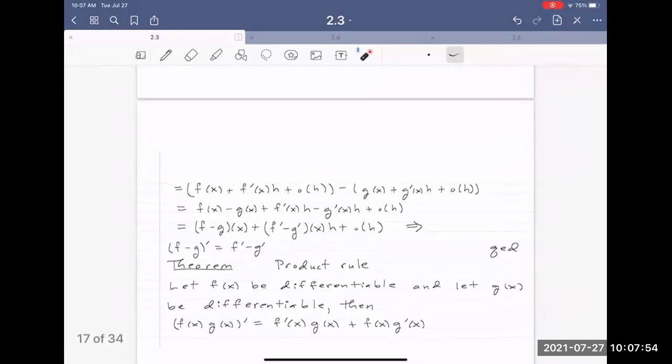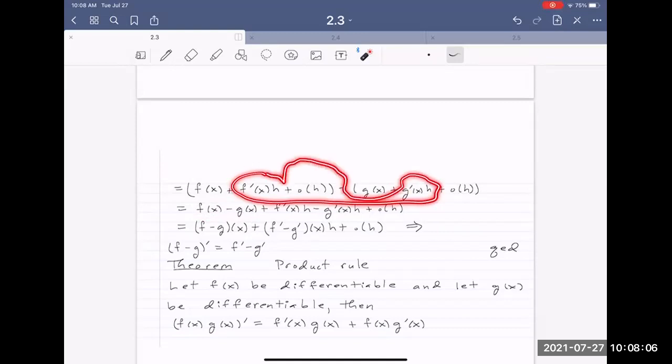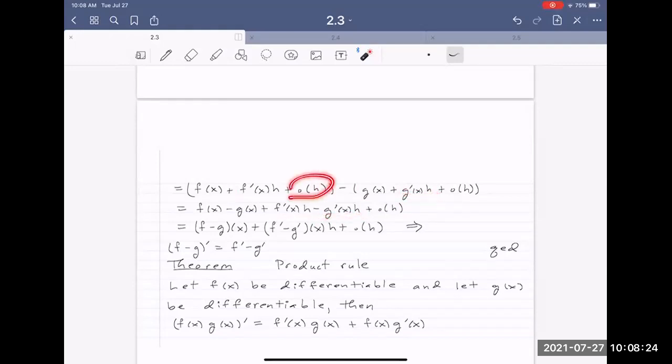Let me just regroup things. So I have, this is equal to f of x minus g of x plus f prime of x times h minus g prime of x times h plus, well, little o minus little o is little o, so plus little o of h.